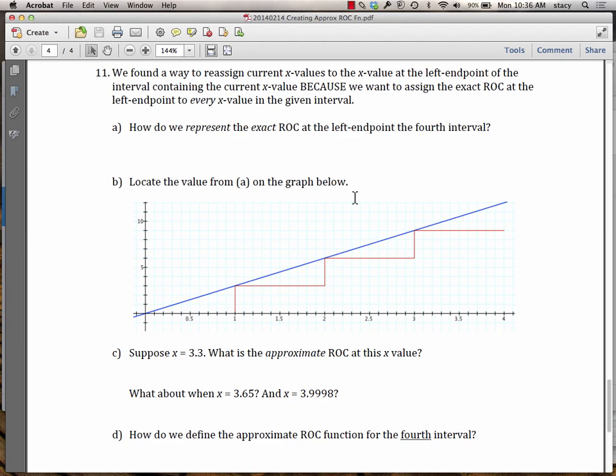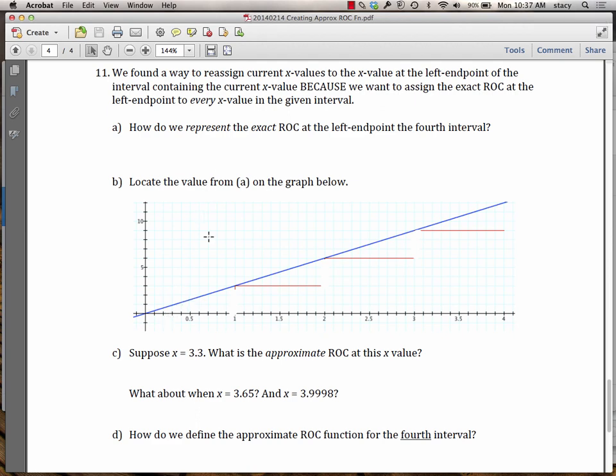So what I've done is I have created an approximate rate of change function, by choosing a place to start partitioning the x-axis and choosing interval widths and then assigning values of my approximate rate of change function by using the left endpoint value of the actual rate of change function.